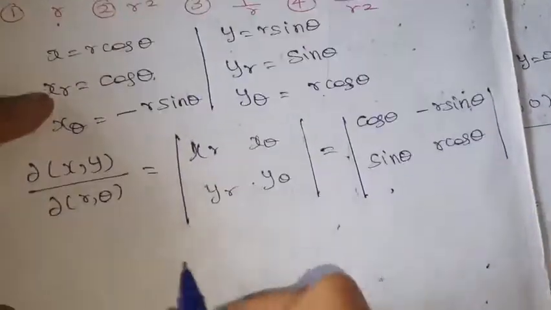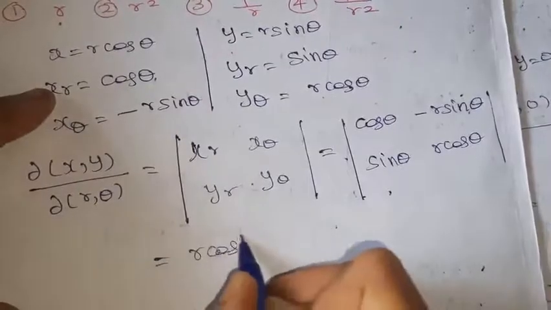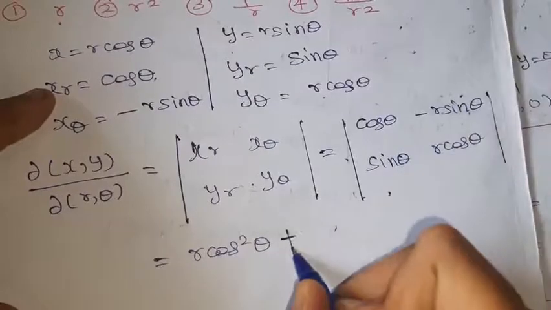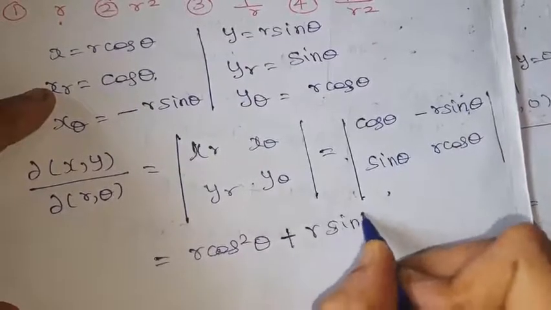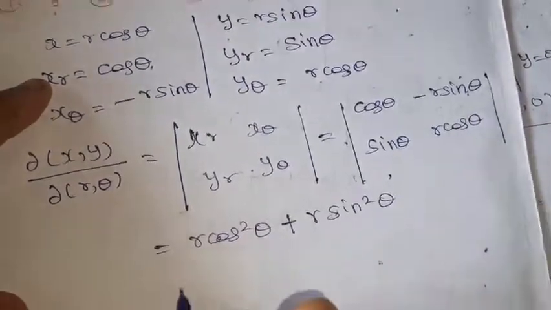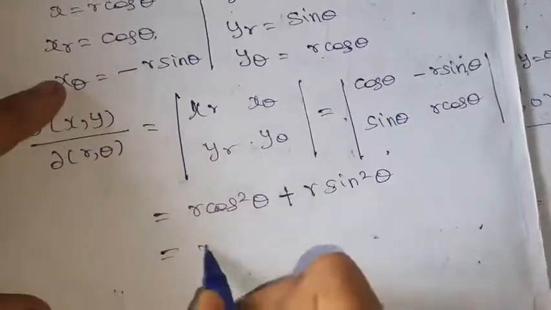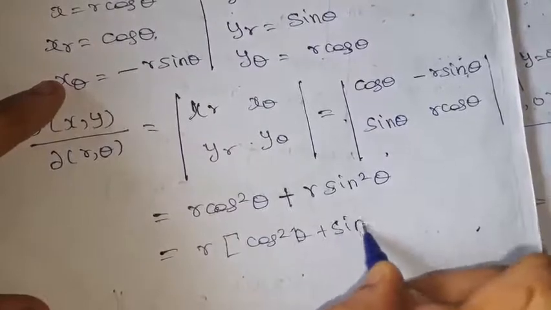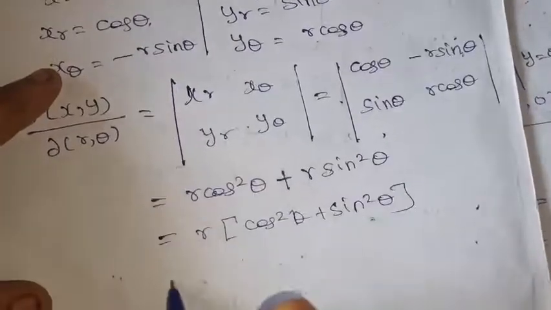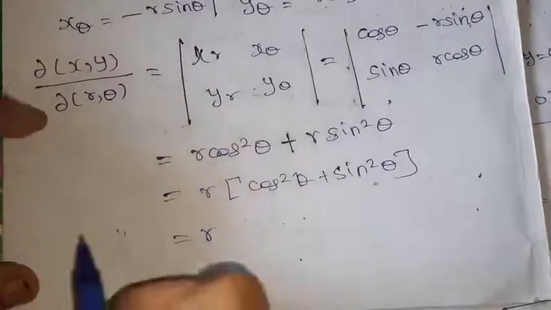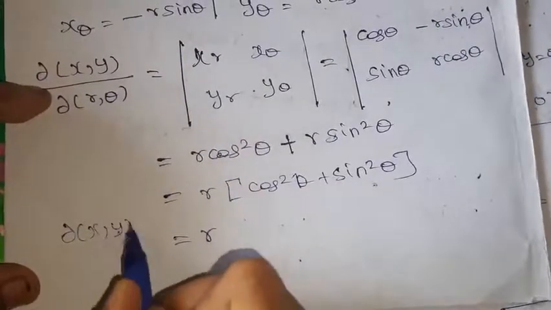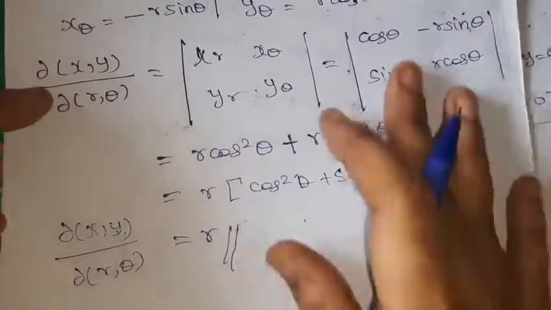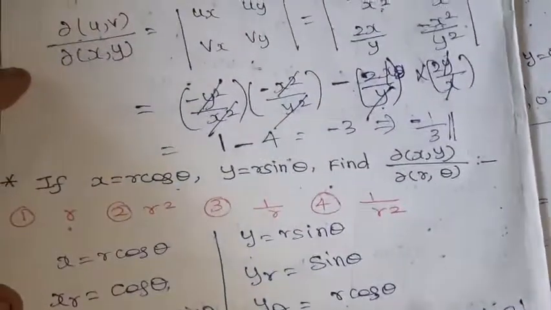So r into cos square theta, minus, here also a minus sign, minus into minus is plus, so r into sin square theta. By taking r outside, what will we get? r times cos square theta plus sin square theta, the value of which is nothing but 1. So ∂(x,y)/∂(r,θ) is nothing but r alone. Okay, so option 1 is the right option.